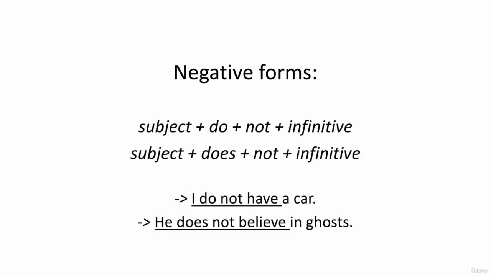Or with third person singular pronouns, he, she, it, we use the construction subject plus does plus not plus infinitive. For example, I do not have a car. He does not believe in ghosts.